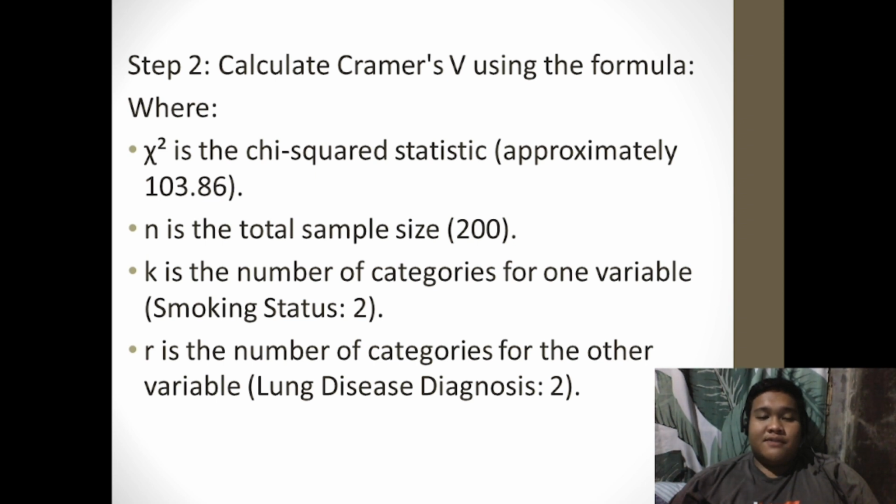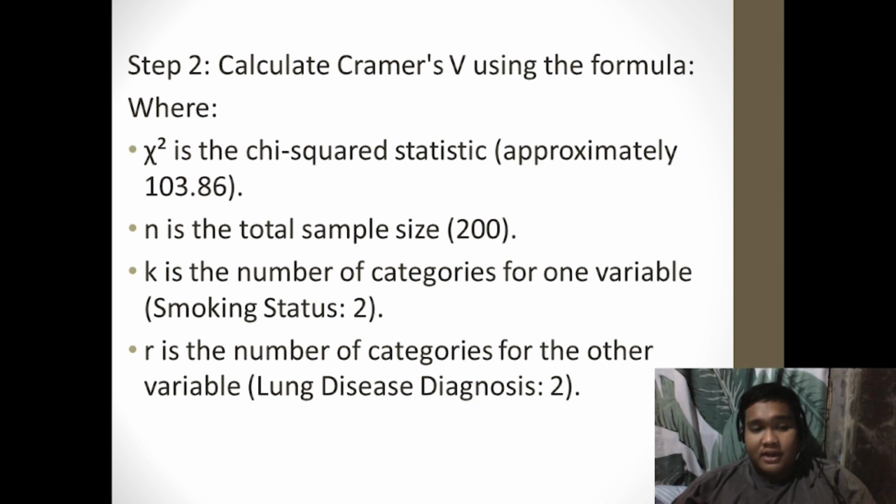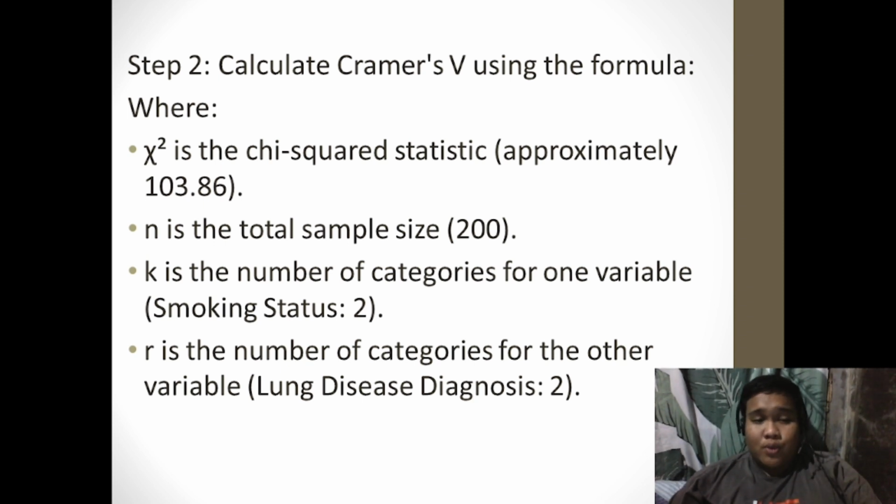The chi-squared statistic is approximately equal to 103.86. I get this 103.86 by repeating the calculation for all cells and then summing up the chi-squared values.